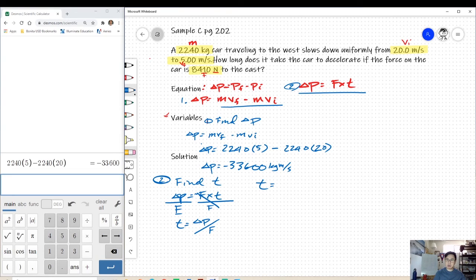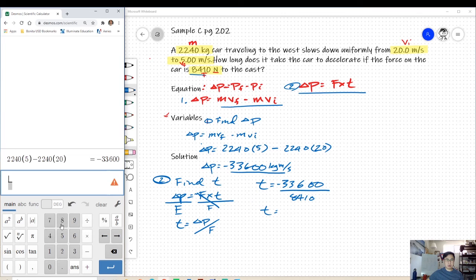Time is equal to the impulse. This is my impulse, negative 33600, divided by my force, which is 8,410 newtons.